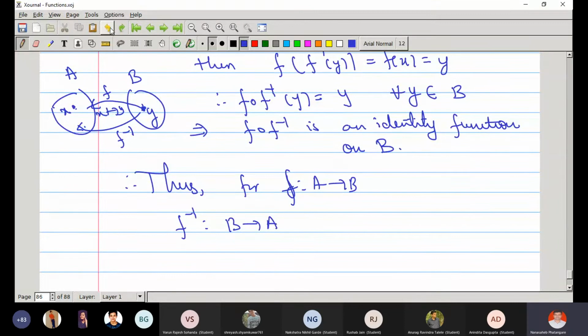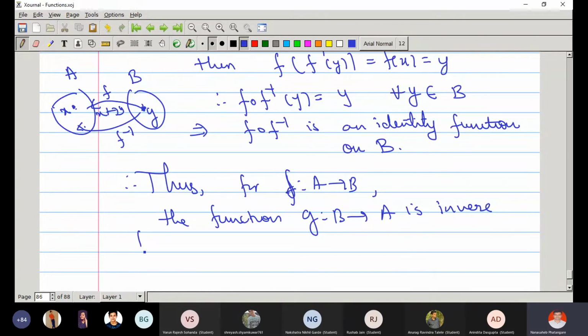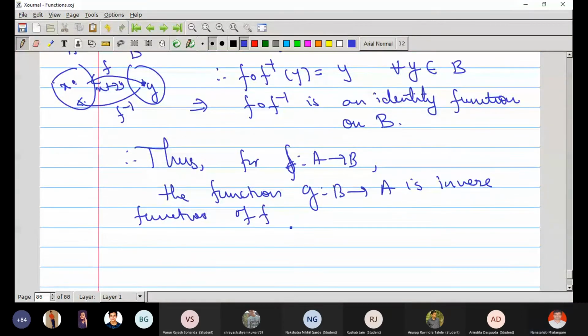So for f from A to B, the function G from B to A is an inverse of f, right? So G is the inverse function of f if and only if what happens?